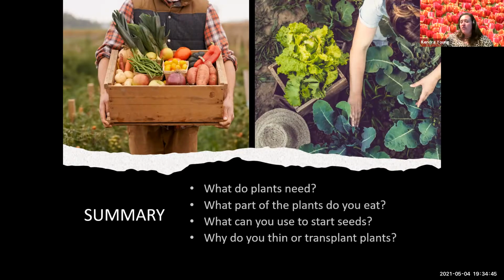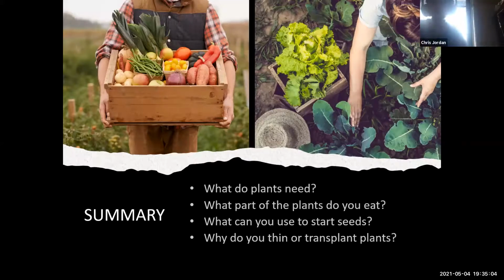And then why do you thin or transplant plants? What we just talked about, why do we thin out our plants? Yes, Benjamin. Because if we don't thin them, then they might get dried out or eaten.